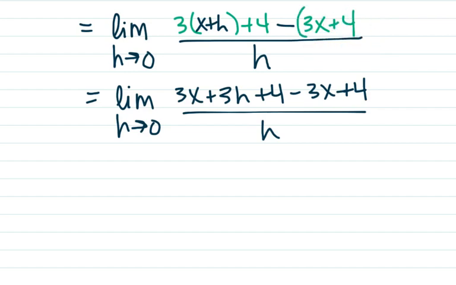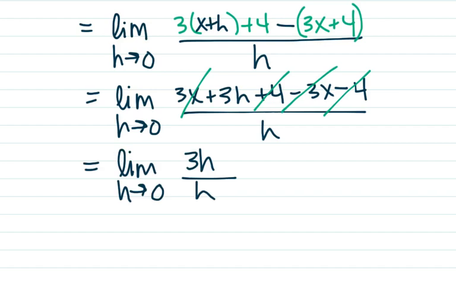So we need parentheses around it, because as you just saw when I was canceling these out, I have a plus 4 and a plus 4, which does not cancel out, and then I'm not going to be able to factor an h out of the numerator. What the problem is, as I hope you've already noticed, is that this negative sign in this step should have also distributed to the 4, giving us a minus 4. And now I can continue canceling out.